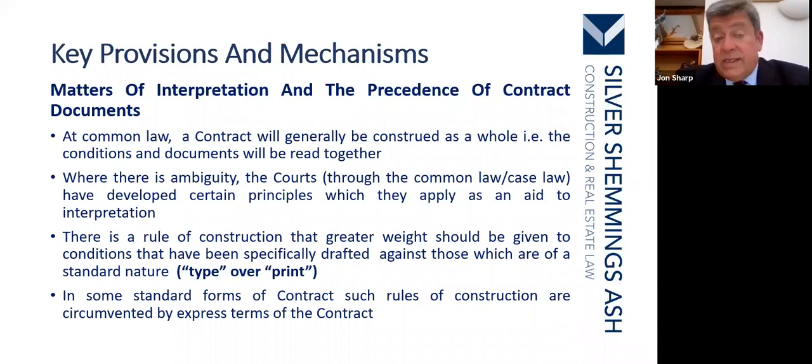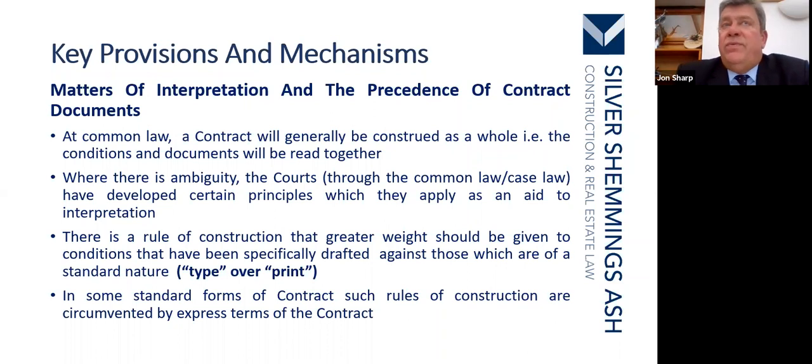Because where there is ambiguity, the courts, with common law and case law, have developed certain principles which they apply as an aid to interpretation. The courts shouldn't have to interpret contracts. They should be complete in one document with its attachments and with everyone signing it.